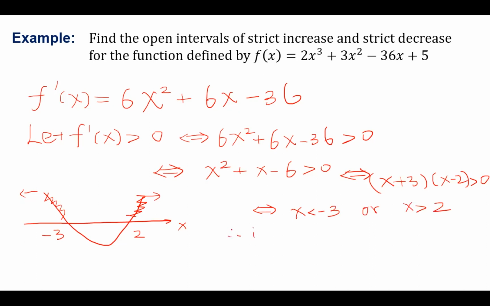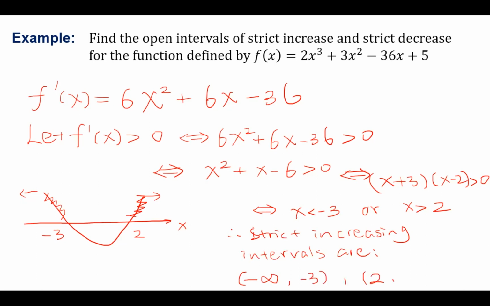Therefore, we know the strict increasing intervals, there are 2, right? One of them is from -∞ to -3, and the other one is 2 to +∞.